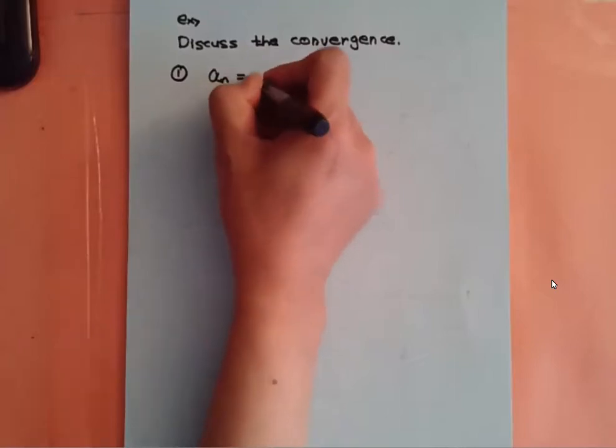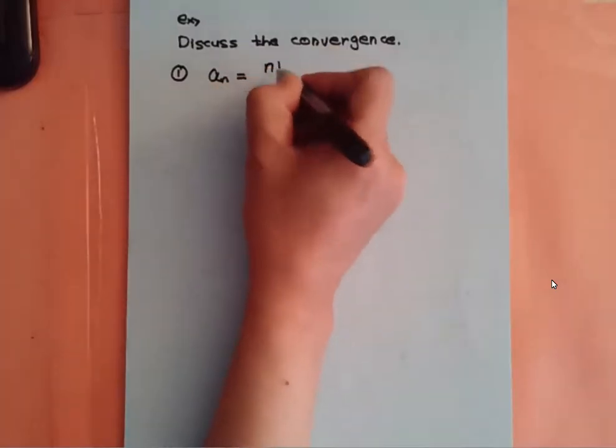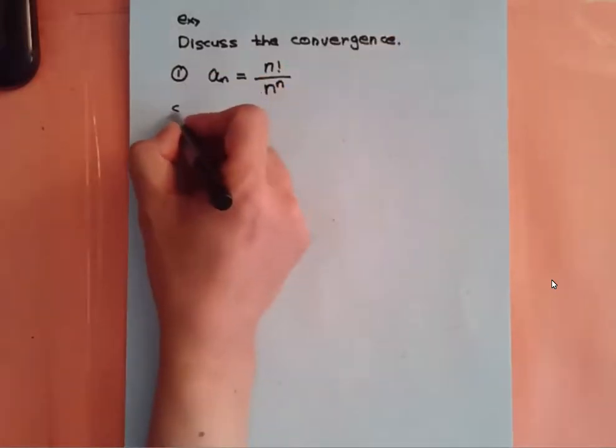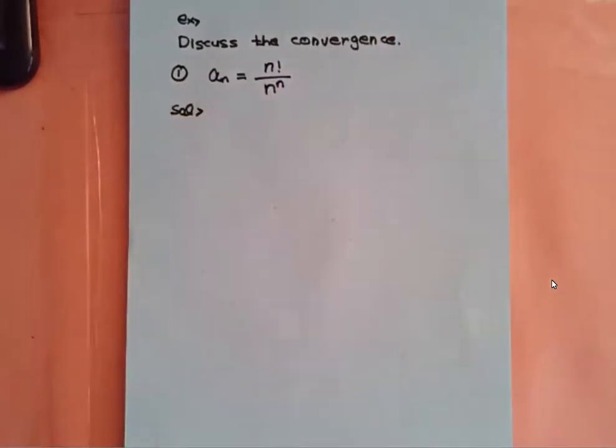The sequence is given as n factorial over n to the n power. You may have some intuition by looking at the pattern of the sequence. However, it is not very clear.